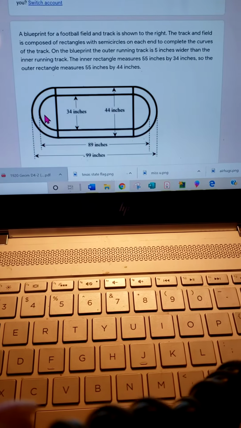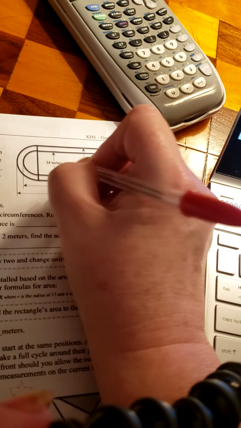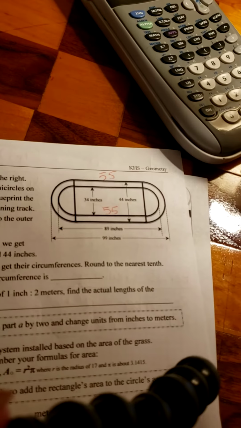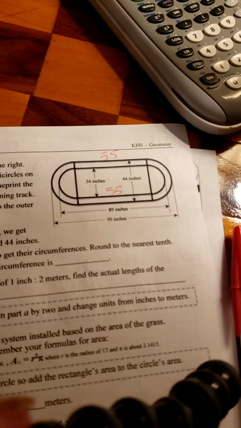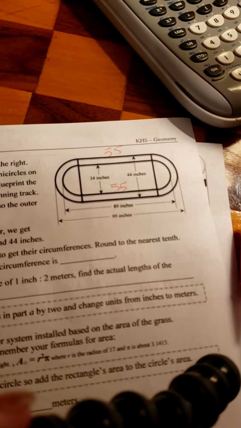So over here, even though it's not written on there, we need this 55, so I'm going to write it down. Okay, it says it, but it's not on there. And who wants to have to figure it out? You can figure it out, but you need that length.